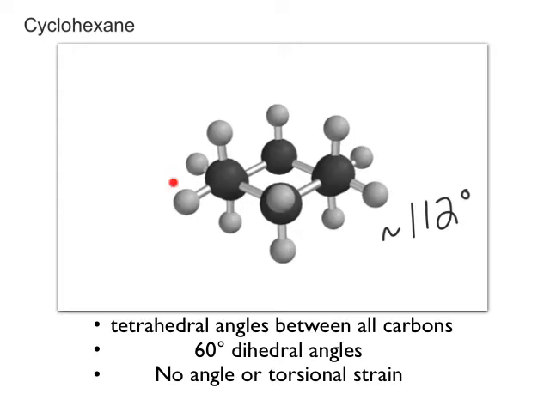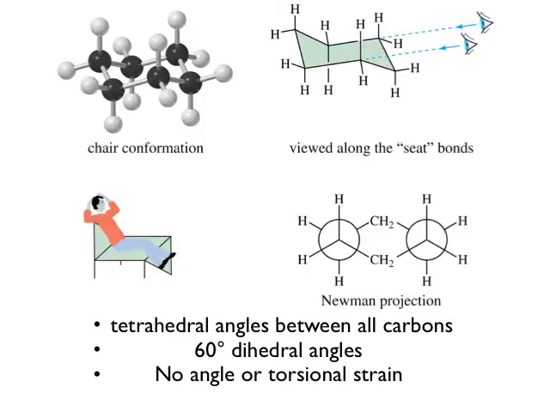And on the bottom side of this plane, we have 1, 2, 3, 4, 5, and the 6th one is behind this carbon. It's hiding, can't see it. So there are 6 hydrogens on the top side of the ring and 6 hydrogens on the bottom side of the ring. The most stable conformation for cyclohexane is known as a chair conformation.